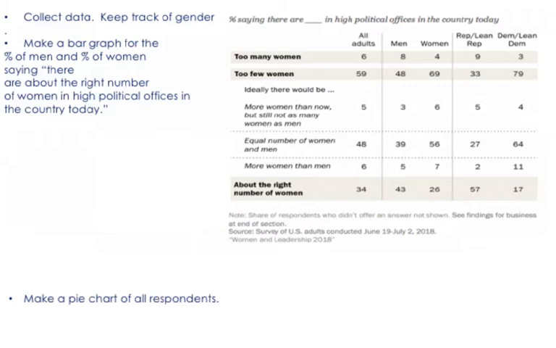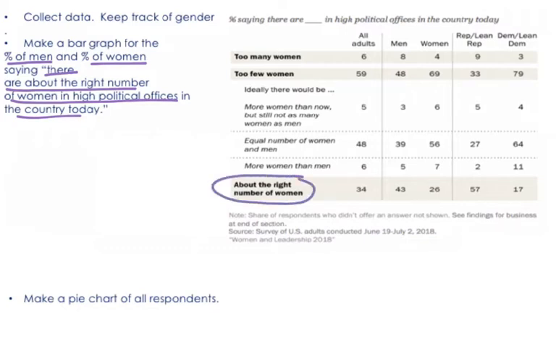So they're looking at the number of men who answer, the number of women, Republican or lean Republican, and Democrat or lean Democrat. So it's all very spaced out. What it's asking you to do in the problem is make a bar graph for the percent of men and the percent of women saying there are about the right number of women. So that's right here.